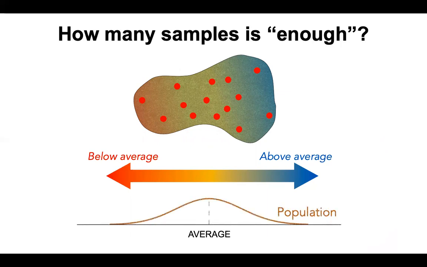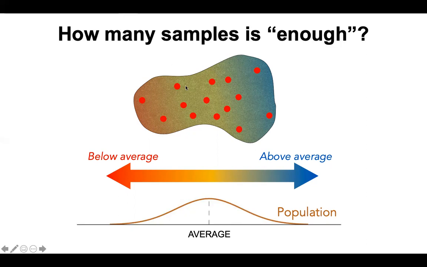But if we did, we would see that the distribution of the values approximates something like this, right? And so we call that the population distribution. There is a true average out there of the population. We might not always know it, but we are trying to approximate it with our sampling. So we want to make sure that we get enough samples to approximate that true average.